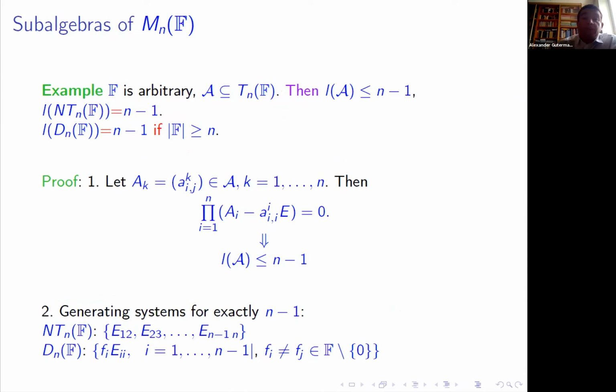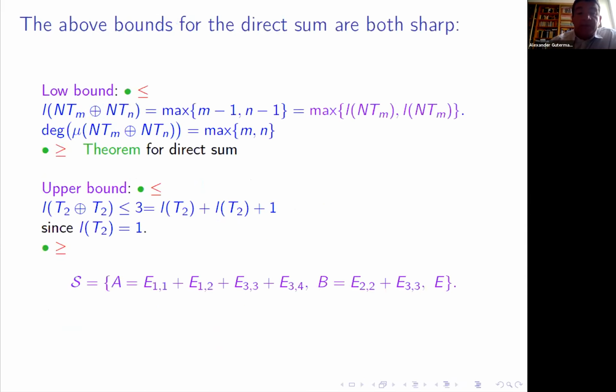So we could consider nil-triangular matrices and diagonal matrices. It's not a very difficult exercise to compute their lengths and to realize that if the field is sufficiently big, diagonal matrices have length 1, and this bound is achieved again on certain particular generating sets.